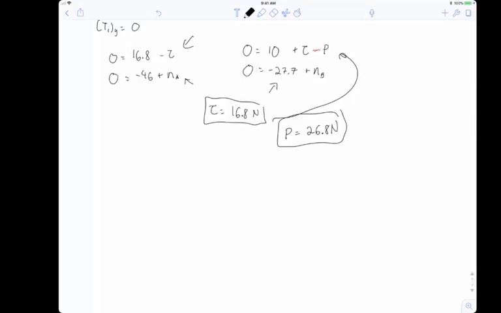This marathon of questions. 70. 70 reads like this. 2 blocks are connected by strings in figure 5.7. What's the upper box acceleration if the coefficient of kinetic friction between the block and the table is 0.2?